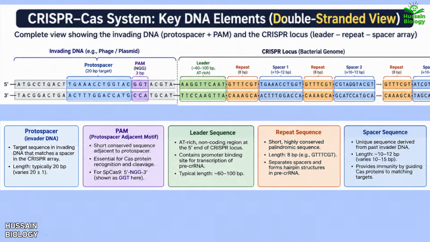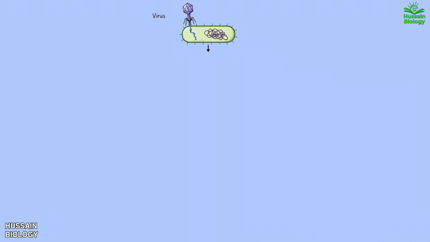Now moving forward, let's see how this system actually works. First we have a virus infecting the bacterium. The virus injects its genetic material into the bacterial cell, and now we have the viral DNA inside the bacterium. If we look at this viral DNA, we can identify a particular sequence called the protospacer. This is the sequence that will eventually become part of the bacterium's CRISPR memory.